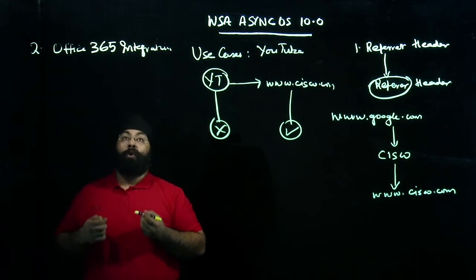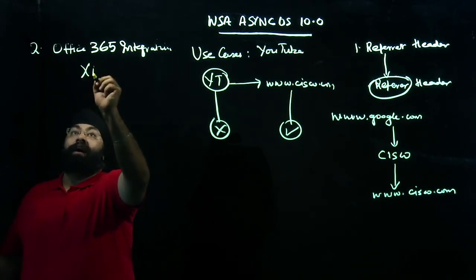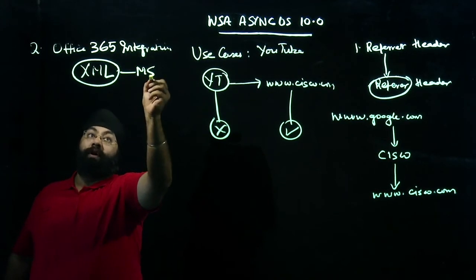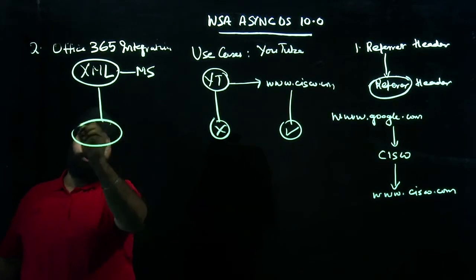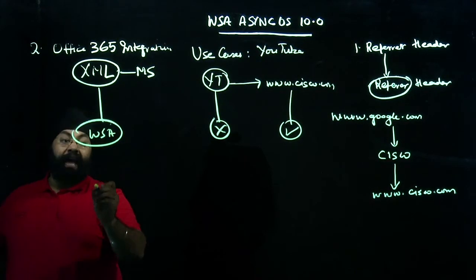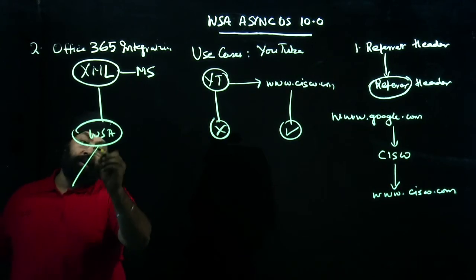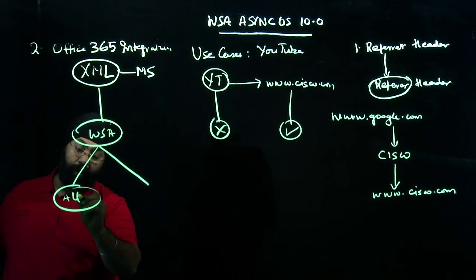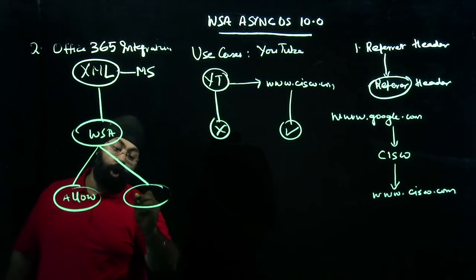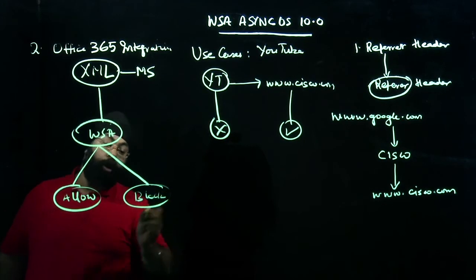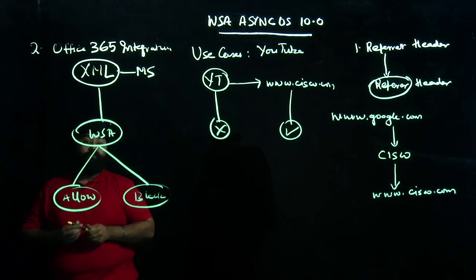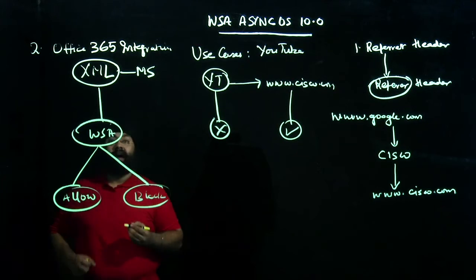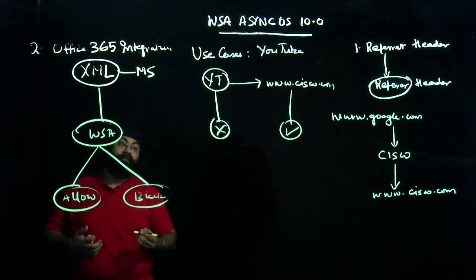So what we have done is that we get the XML file from Microsoft, put that XML file into WSA, which is our appliance, and then you can create a policy based on that. Whether you want to allow Office 365 as an application, or block this application altogether. So that's an important feature which we have introduced, just to make sure that where we have a mandate saying that for Office 365 we should have some kind of a control there.